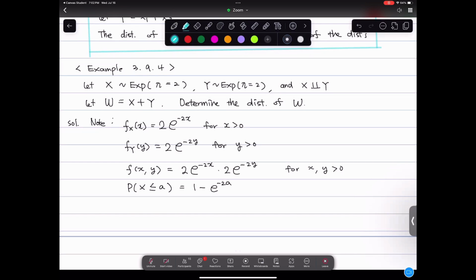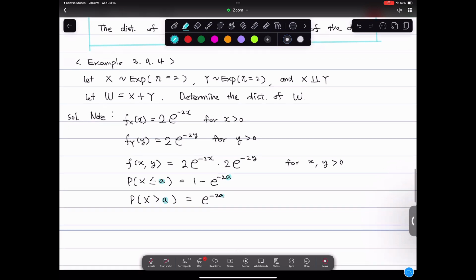And the probability that X is greater than a is e to the negative 2a. I don't know if I will be needing it, but just in case, I can use it when it happens. Well, I got all of these.